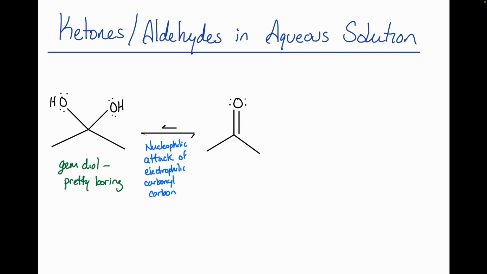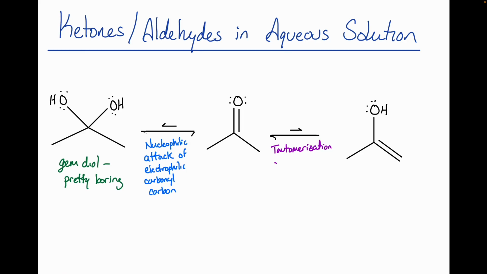The other thing that's always happening in solution is, again, an equilibrium that strongly favors that ketone, but forming an enol. And this is a result of that tautomerization at that alpha carbon, so at that other reactive carbon that we're introducing this chapter.